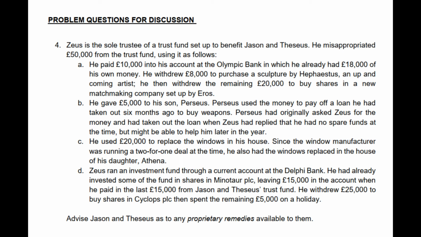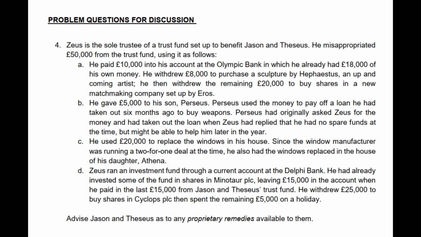You might also want to go a little bit further and identify what the duties of care are at the statutory level under Section 1 of the Trustee Act 2000, and how the common law duty of care deals with different situations, and then give a definition of tracing, possibly also from Lord Millett in Foskett and McKeown. Once you've given that brief introduction, say that you're going to take each of these issues separately and advise Jason and Theseus on each of those points.